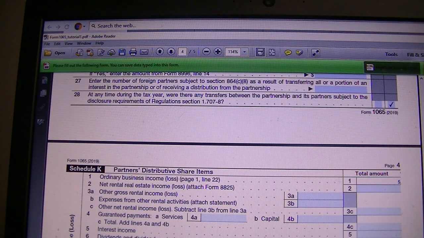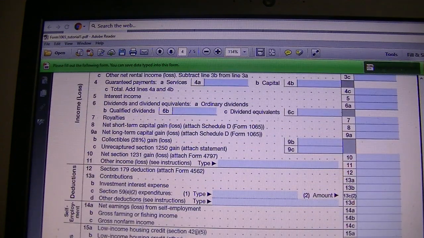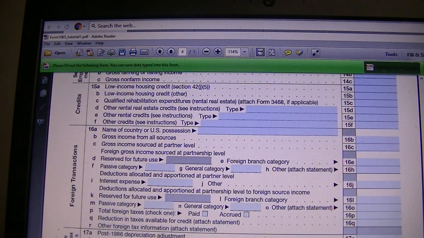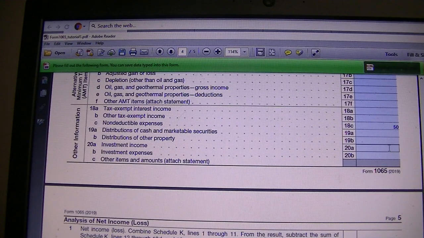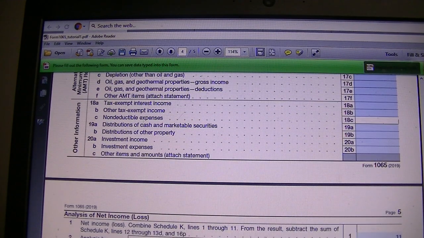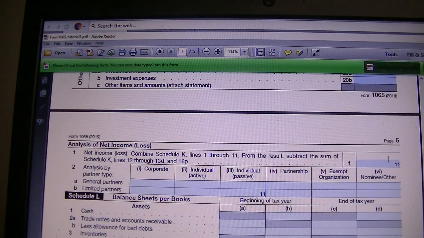Now let's move down. As we don't have anything else to put on schedule K, we don't have this number here to put there. We have 5 profits. It will be here. And they are partners. We are partners.